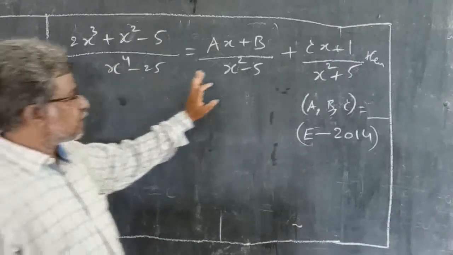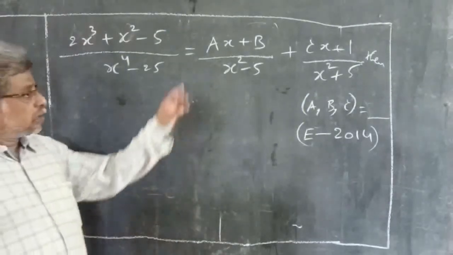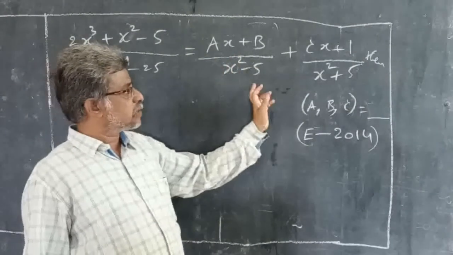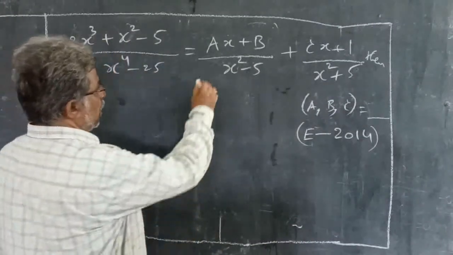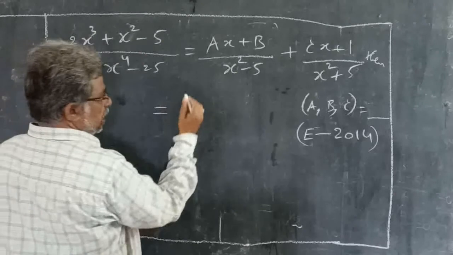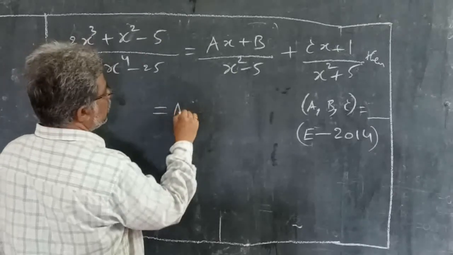He is giving this equal to ax plus b by x square minus 5 plus cx plus 1 by x square plus 5. The d value he himself is giving, cx plus 1 is given.